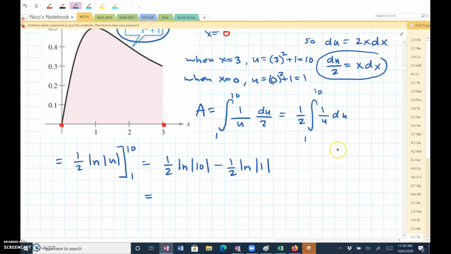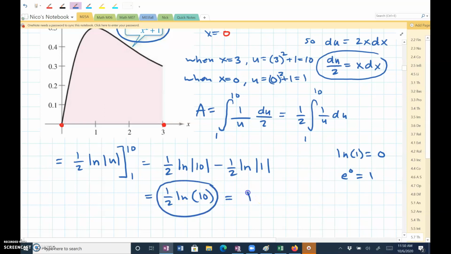So let's see, the natural log of 1, I believe that's 0, because e to the 0 power equals 1. So that's just going to be 0. So this would be 1/2 natural log of 10.